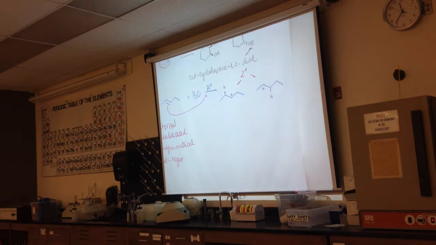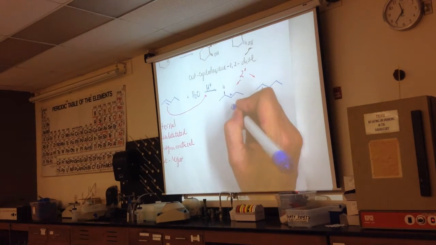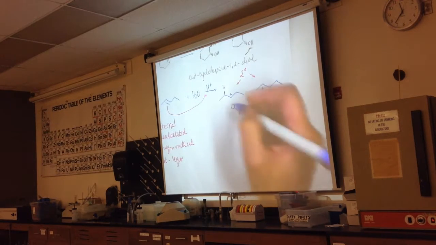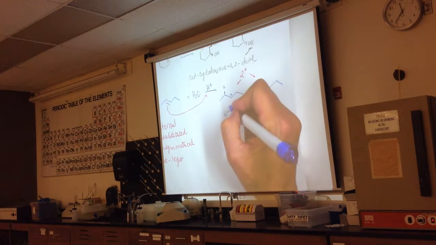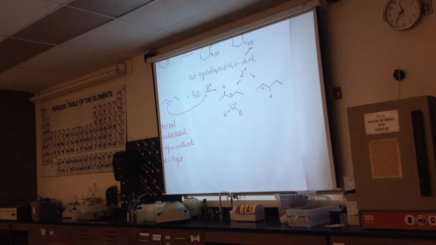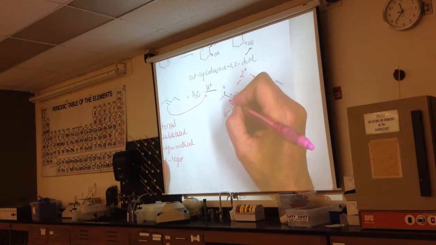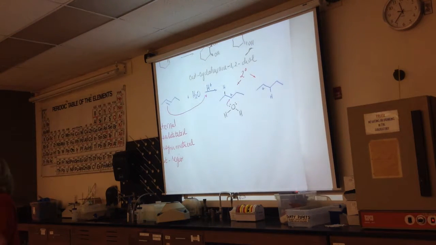Okay. What's the next step in the mechanism? Who comes next? The water comes first. So the next step, the water is the nucleophile. The water nucleophile attacks that carbocation, looking like this. I'm going to just track one of them. Attacks the carbocation, generating the oxonium ion, right?